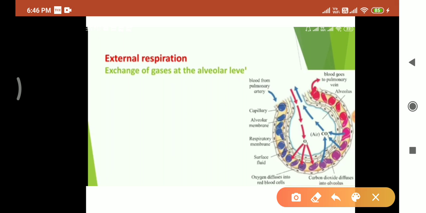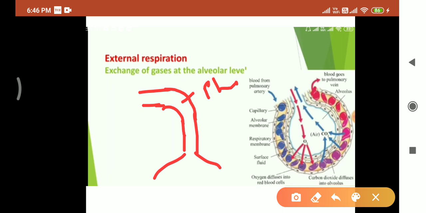So if this is the nostril, then from here this is the pharynx, and the pharynx opens into the trachea. The trachea is divided and redivided, and after the redivision it opens into a bag-like structure. This bag-like structure is nothing but the alveoli. So what is external respiration?